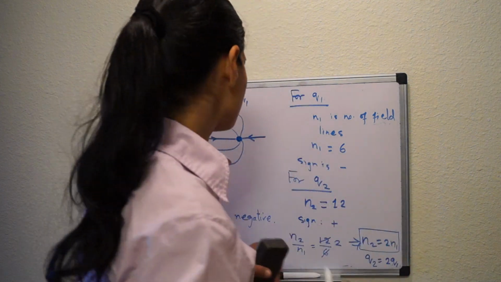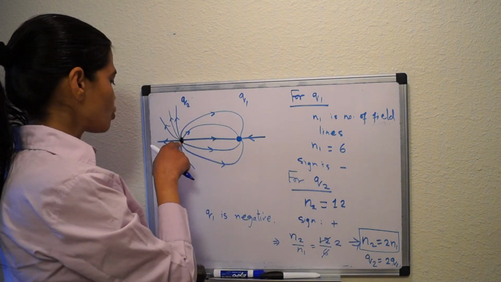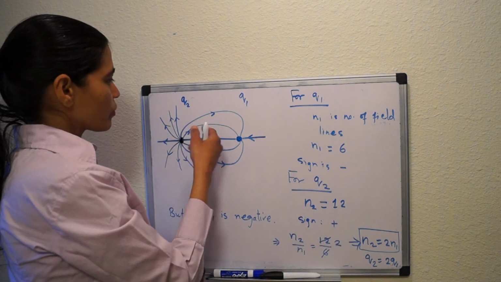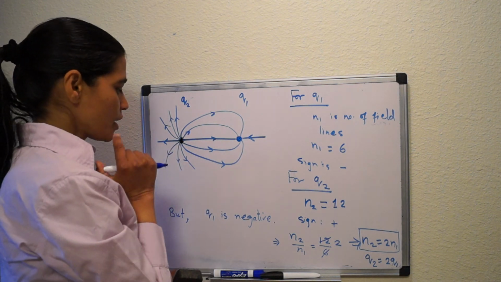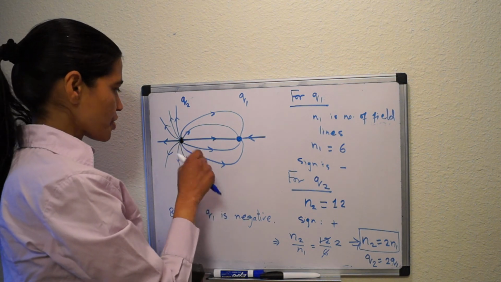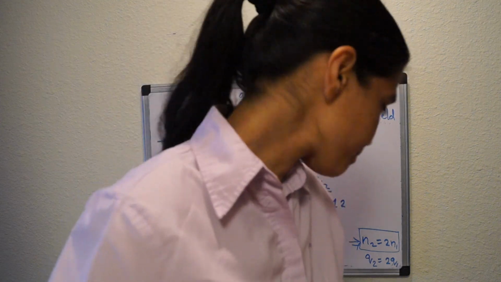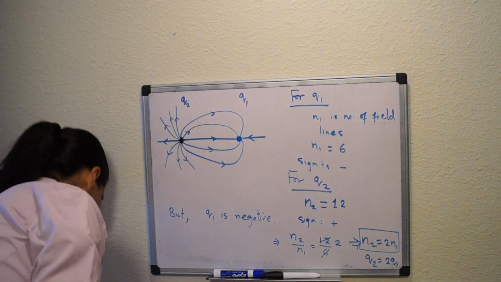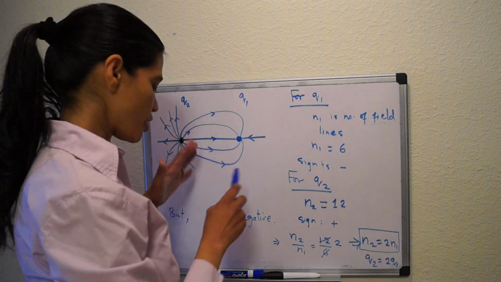This is obvious now, right? Because we found that Q2 is twice that of Q1. And you do want to see the arrows, right? These arrows are also important to tell us the sign of these charges, okay? So please take a moment to go through this one and see if you understood this.